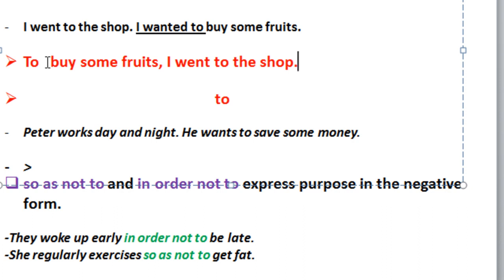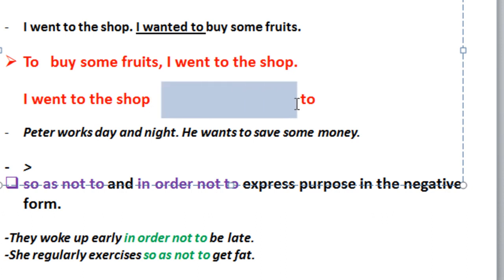So we can rewrite this sentence putting to in the middle of the sentence. And when it is used in the middle of a sentence, we don't put a comma before it. So I went to the shop to. This is the expression of purpose. And the speaker's purpose is to buy some fruits.